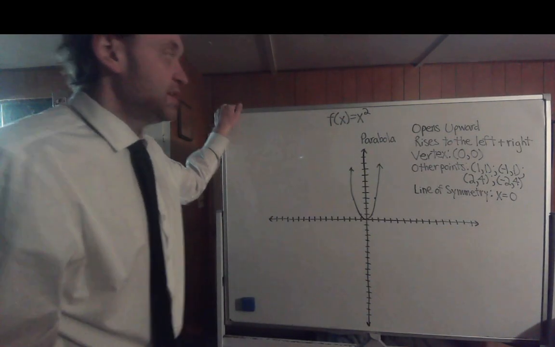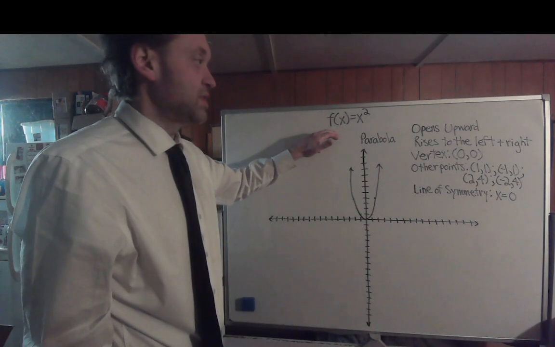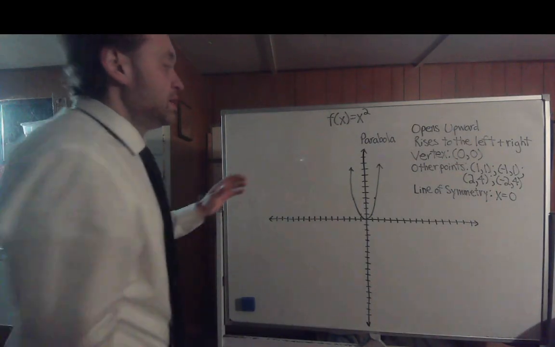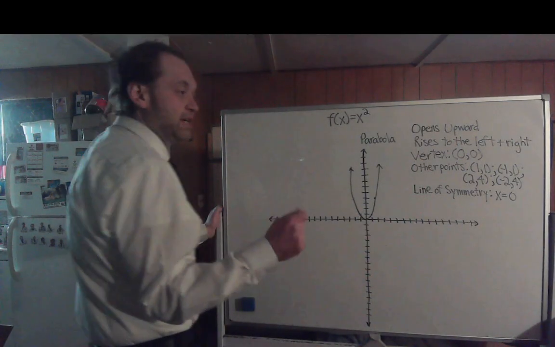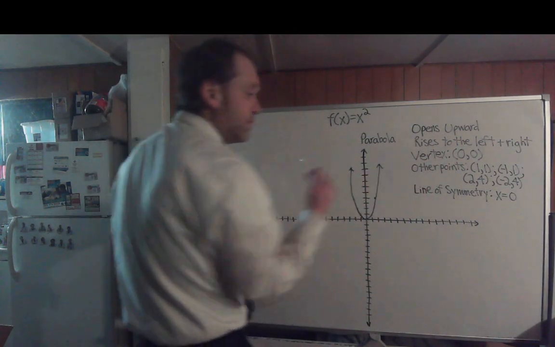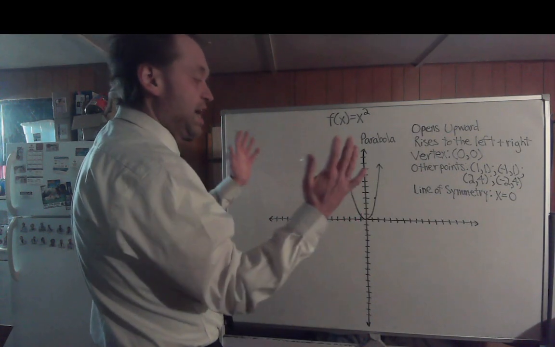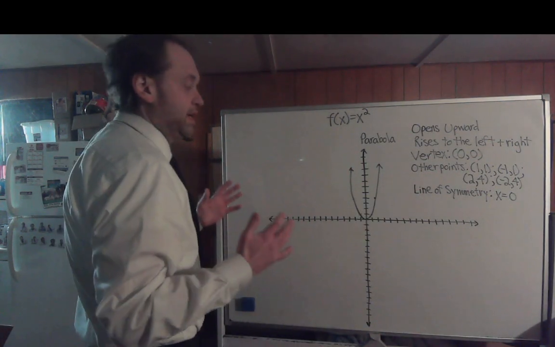The line of symmetry for the basic f of x equals x squared is right through x equals 0. So the line of symmetry will always be x equal to the x-coordinate of your vertex. The idea is with that line of symmetry, you could take each half of the parabola, fold it over top of each other, and they would fit evenly.